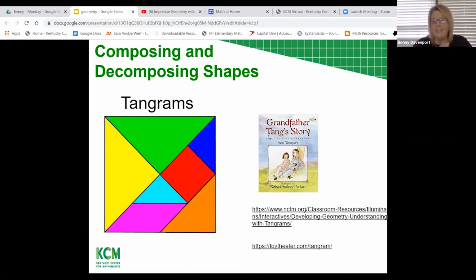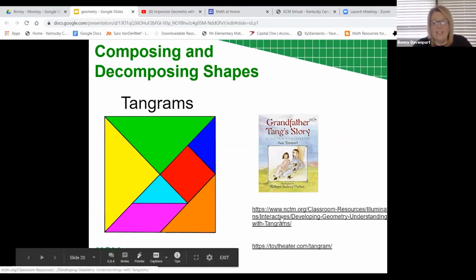And you can make different pictures with the shapes. I loved using Grandfather Tang's story. As you read through the story, this grandfather is telling his little granddaughter a story, and he's using the puzzle to make the animals in the story. So it's a great way for kids to see how to use the tangrams and to have that practice with those.